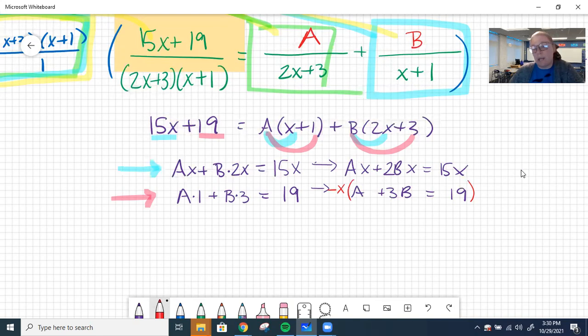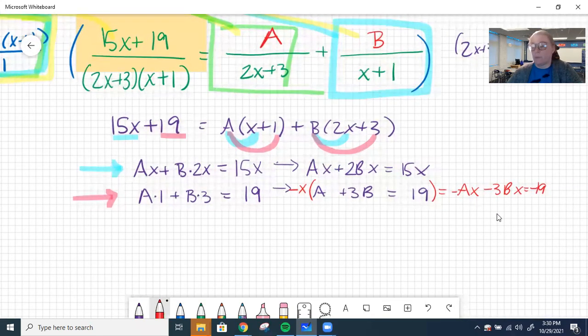Because I see if this is an ax and that's an a, if I multiply this by a negative x, then I would have opposites. So I'd have negative ax minus 3bx equals negative 19x. And here, I'm just going to leave that, so I'd have ax plus 2bx equals 15x.